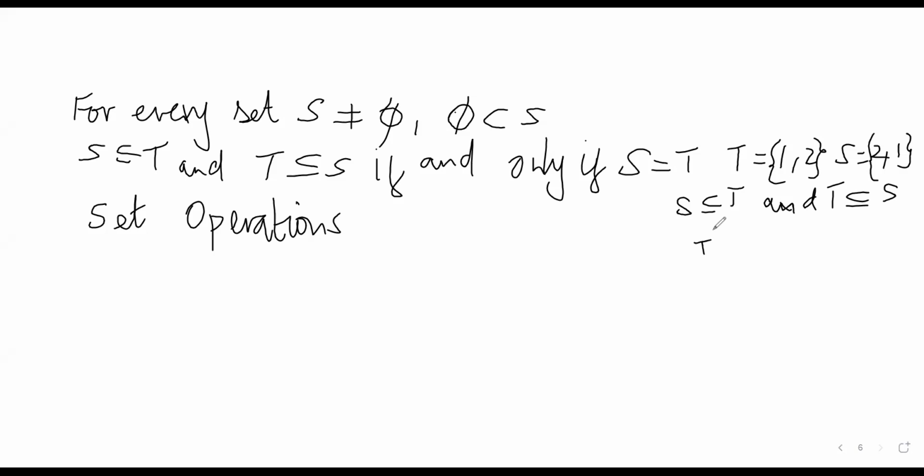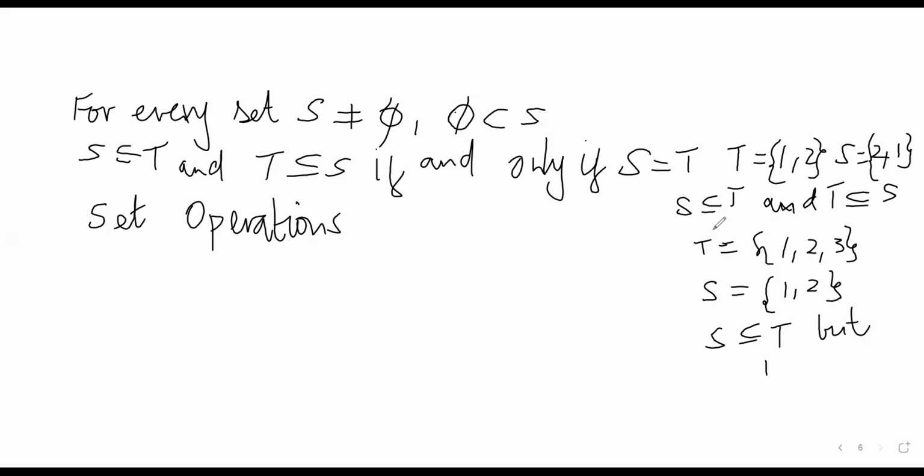If T is equal to {1, 2, 3} and S is equal to {1, 2}, S is a subset of T, but T is not a subset of S, okay?